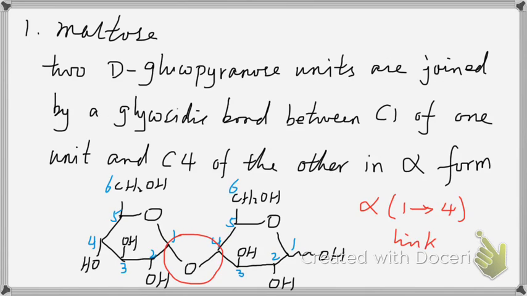So here it is. We call it an alpha 1,4 linkage. We use this notation: alpha, parenthesis, 1 arrow to 4. So alpha 1,4 linkage. This is a glycosidic linkage.